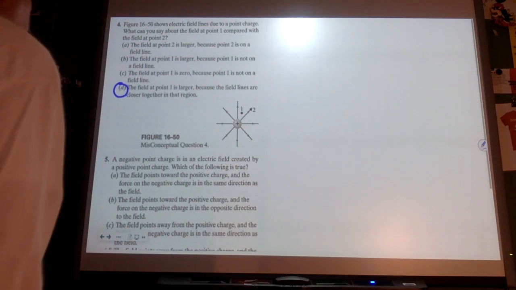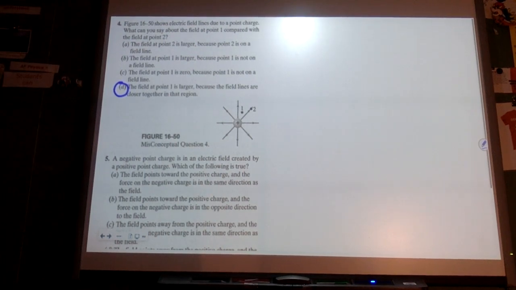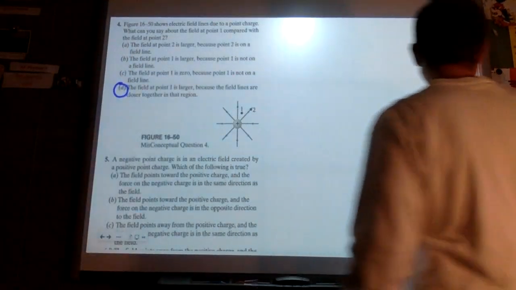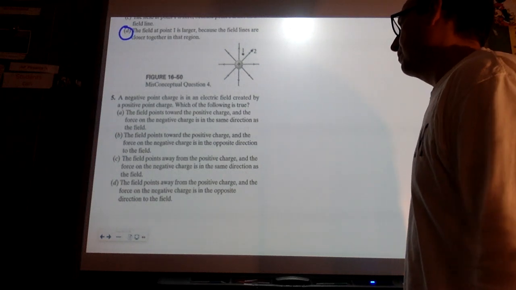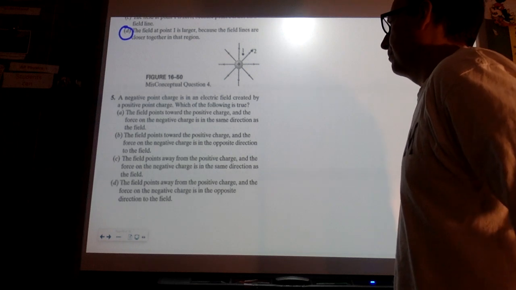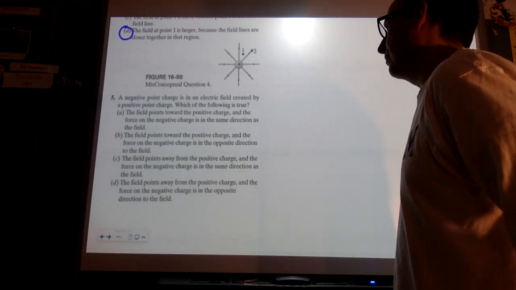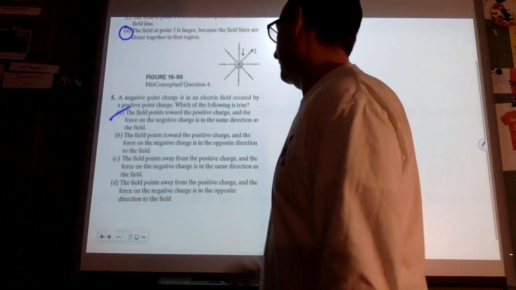Question 5, a negative point charge is in an electric field created by a positive point charge. Which of the following is true? The field does not point towards the positive.